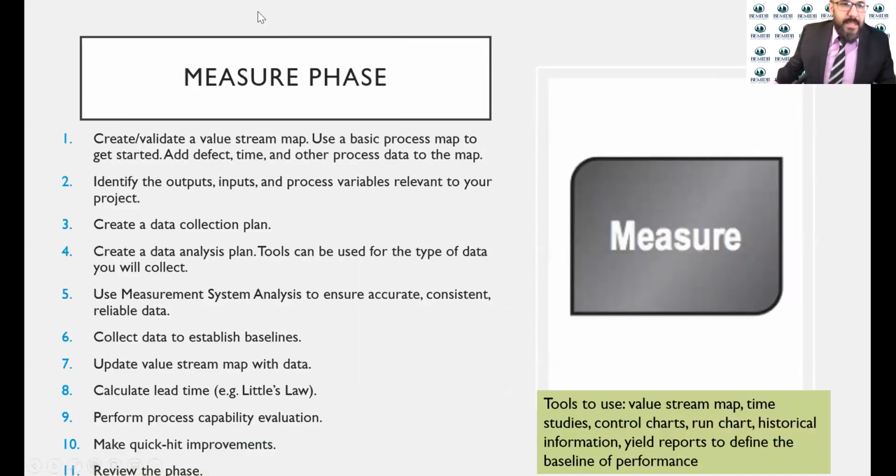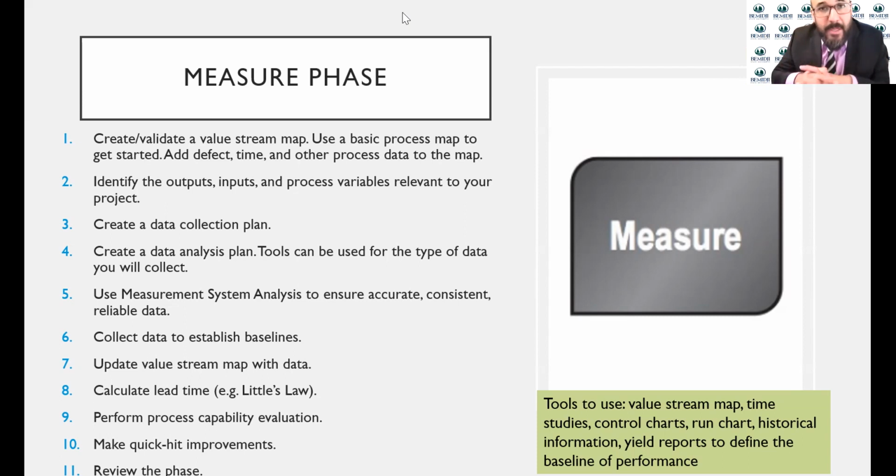The next phase is the measure. In the measure phase, what you want to do is you need to validate the value stream map. You need to create a value stream map. Now we need to measure. Now we identify the problem. We know that there is a long wait time. So now what you need to do, you need to dig deep and look into the value stream map.